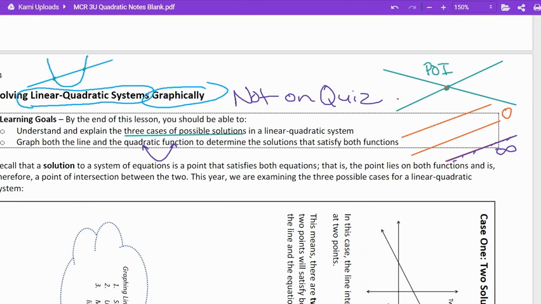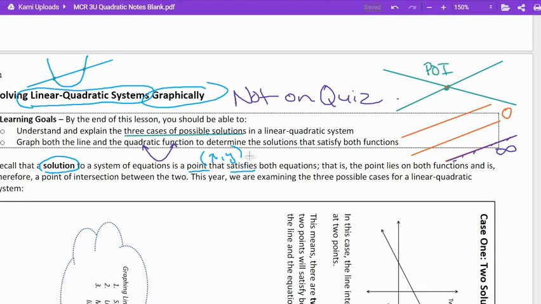Let's move on. Recall, a solution to a linear system of equations is a point that satisfies both equations. By satisfy, we mean if we take a point, x and y, with some numbers, and you plug it into both of the equations, then both of the equations will work.